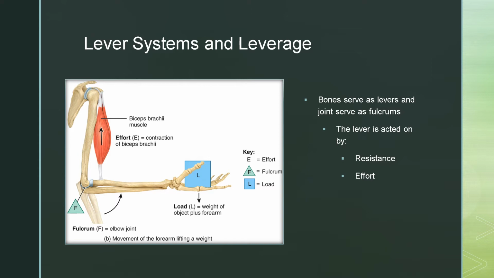Now, in producing movement, bones act as levers and joints function as the fulcrums of these levers. So just a couple definitions here. A lever is going to be a rigid structure that moves around a fixed point called the fulcrum.